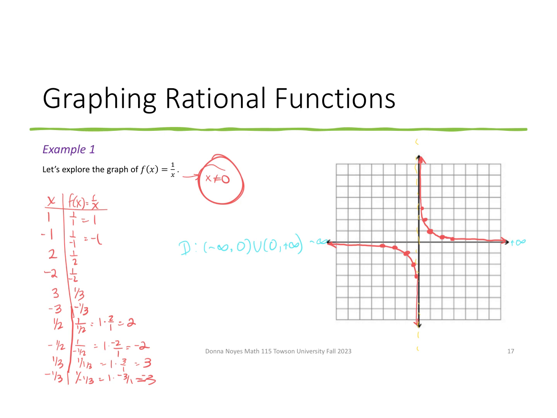And the reason why is because we don't have brackets on 0 ever, because we can't include it, because we can't divide by 0. Our range, funny enough, is going to have the same exact values. It's going to go from negative infinity up to 0, and again from 0 to infinity. And that's because there's no value we can plug in for x that would make 1 over x equal 0.